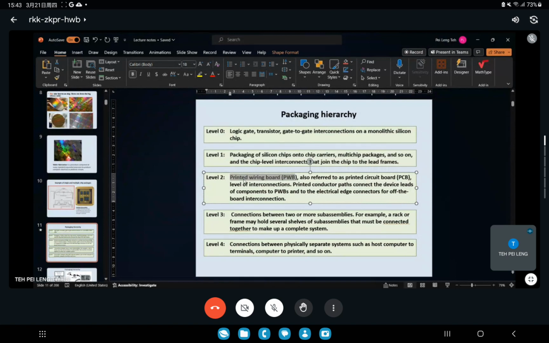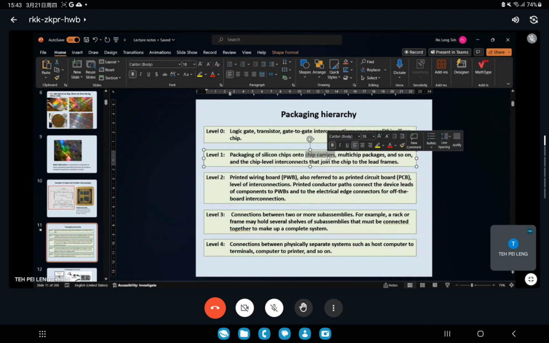Sometimes they call it PWB, printed wiring board, but sometimes they call it PCB, printed circuit board, and sometimes they call it motherboard also. They are all the same thing. After the silicon is put on the chip carrier, you need to interconnect with all the neighbors, right? So you need a bigger board.